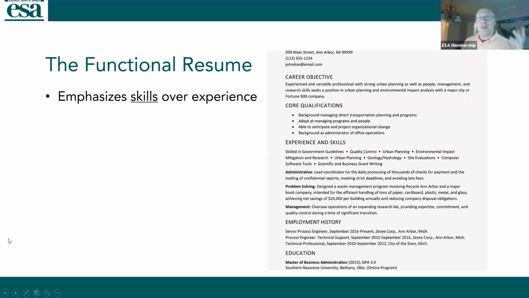The flip side approach is the functional resume. And this is a great one for people who are maybe just getting started or who are trying to make a career change. Functional resumes, this example is great because it's just all skills.